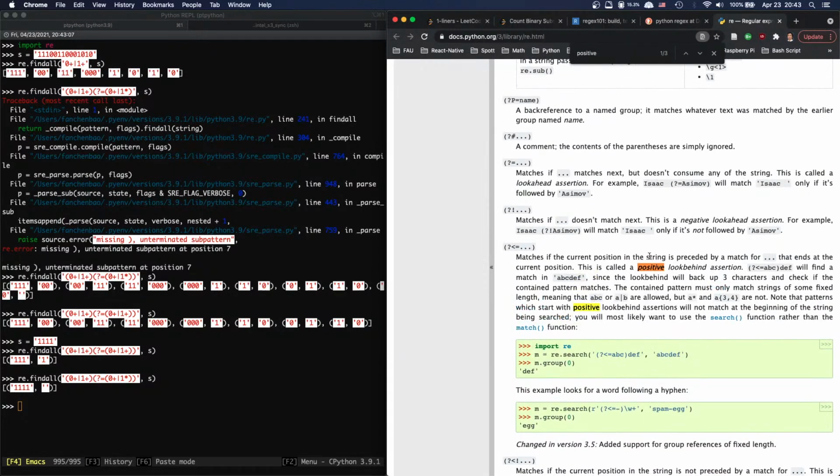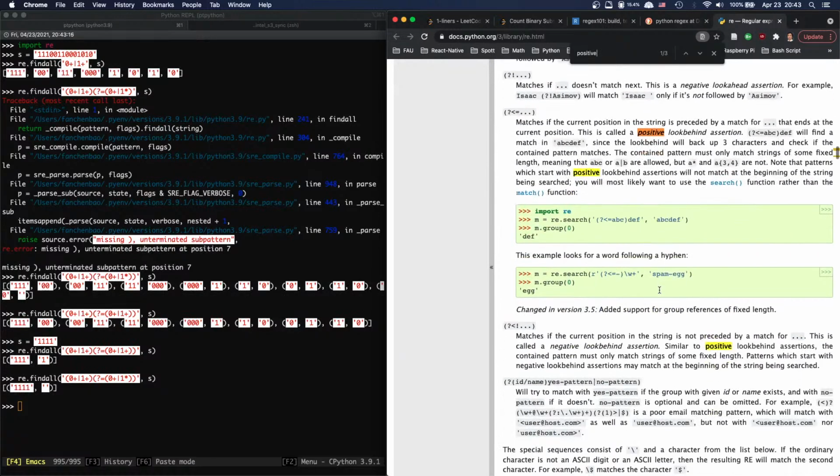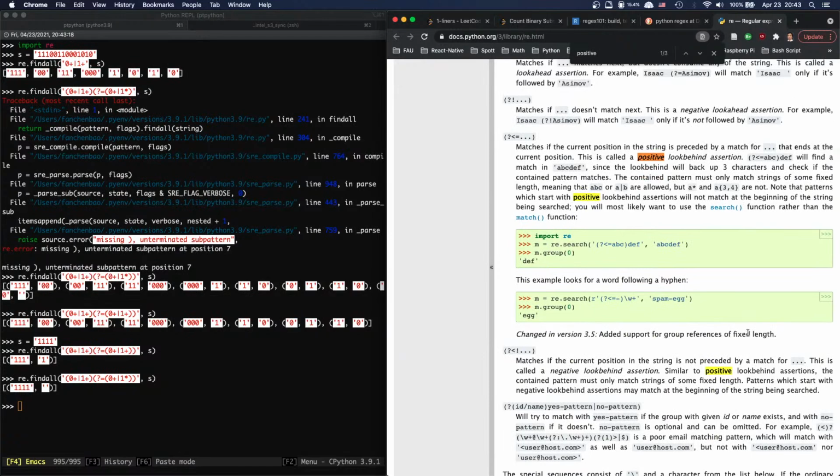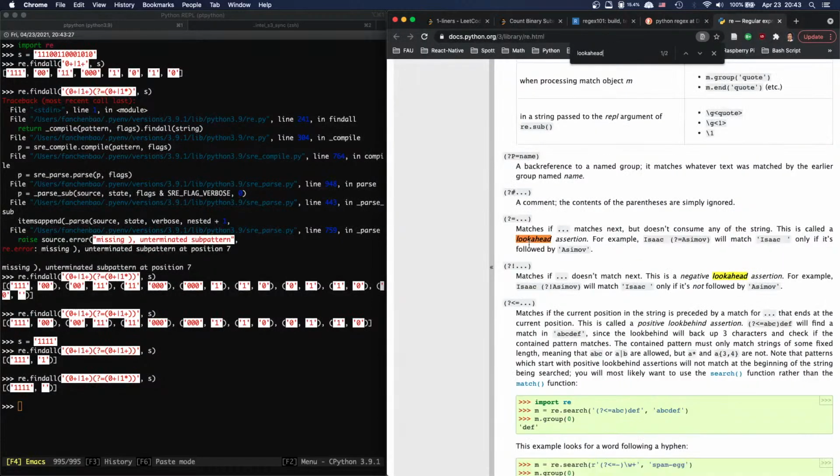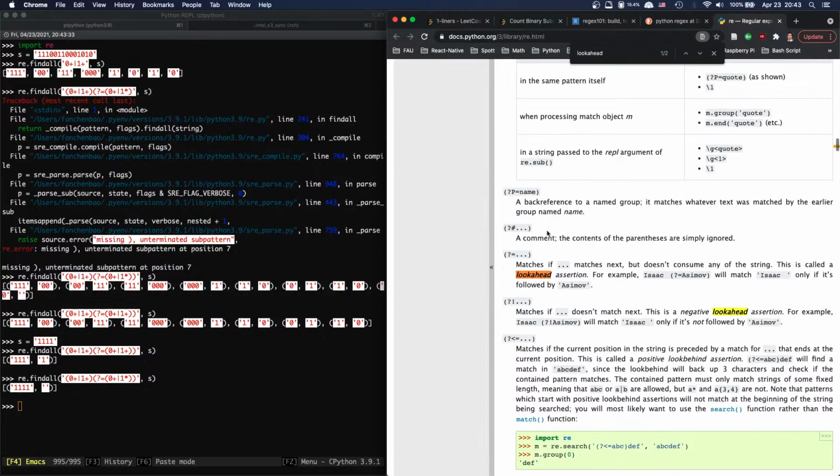Positive look ahead. Here's look ahead. So look ahead, but doesn't consume. Yes, that's the thing.